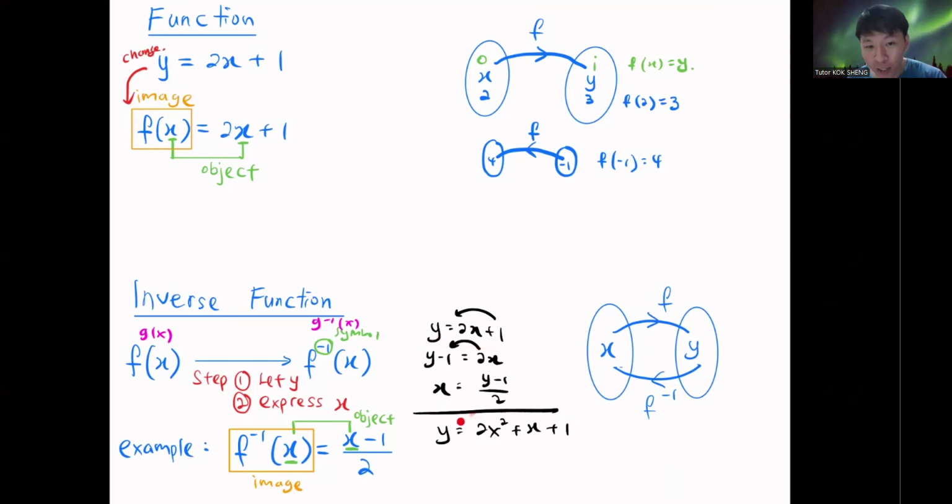But for quadratic, two answers. That's why for the inverse, one-to-one, there's only one answer for your image. You're unable to get two answers for your image. You get the idea? That's why only one-to-one has an inverse.